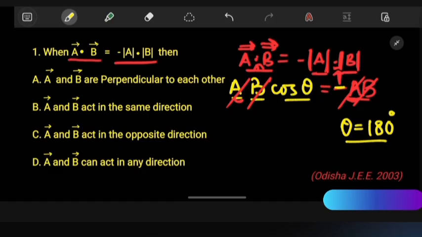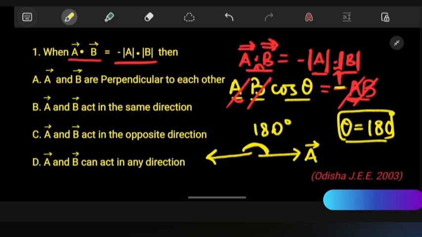What is the meaning of theta being 180 degree? If A is a vector and B is another vector, then the angle between them should be 180 degree. Theta is 180 degree means the angle between two vectors is 180 degree.